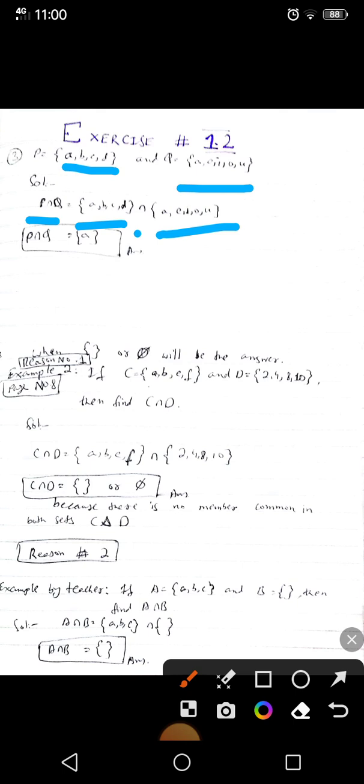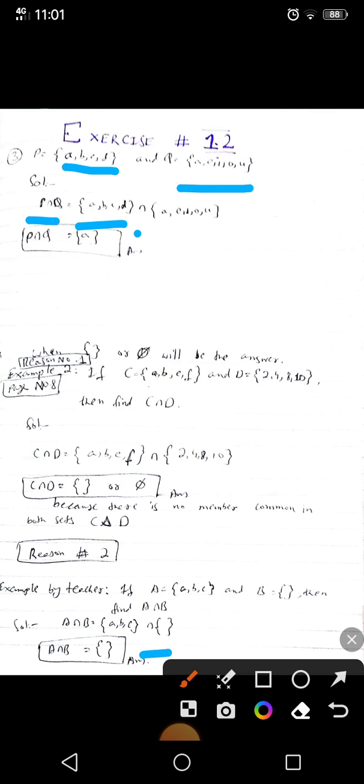The reason number 2 for when the null set will be the answer: I have written an example by teacher. Example by teacher means that this example is not in your book, but I have used my mind to make it for better understanding. So if A is equal to ABC and B is equal to null set, then find A intersection B. Okay, so I have solved A intersection B, ABC intersection null set.